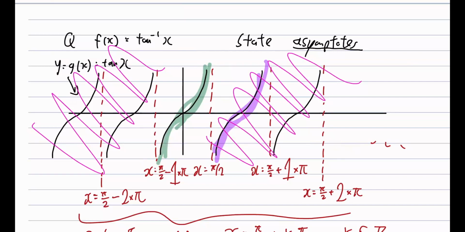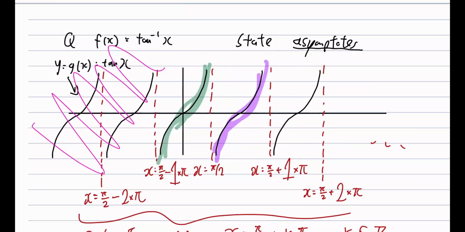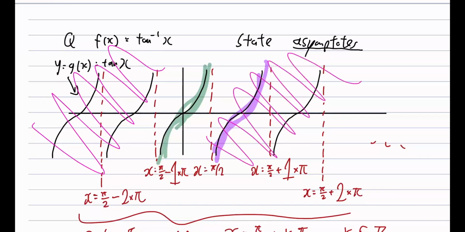But if I didn't chop off all of the copies of this graph and I draw a horizontal line, how many times does it cut? Infinity times, right, if it goes on forever. So that means we cannot have the original tangent x graph with all the copies. We can only have the one in the middle.